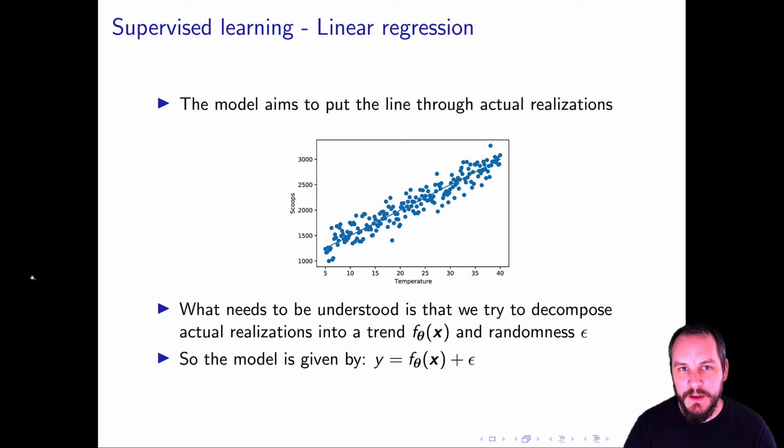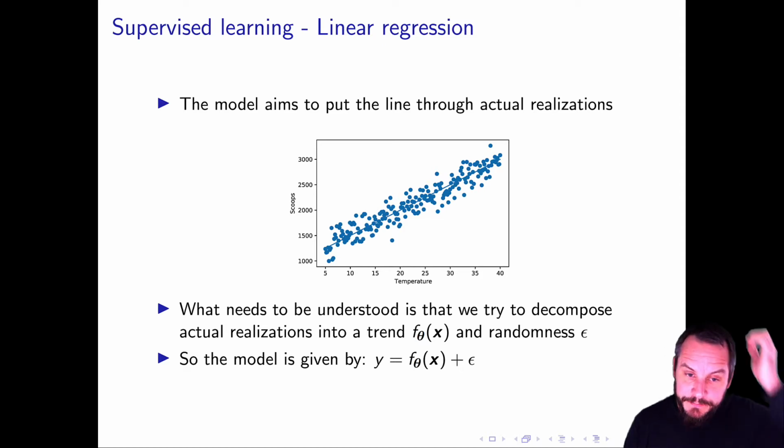And depending on which model we are looking at, randomness is sometimes explicitly, sometimes implicitly given, and sometimes comes along with different assumptions. So for instance, a very strict assumption for the linear regression model could be that the shape of the randomness can be represented by a normal distribution, right?